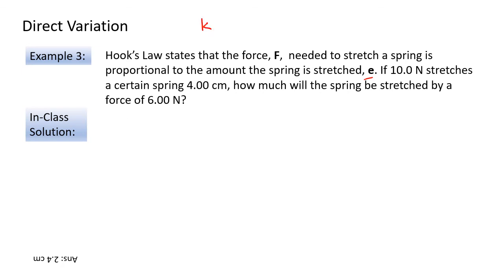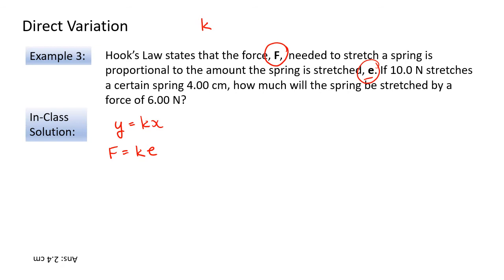I'll start with our basic equation: if it's directly proportional, y is equal to K times X. Y, in this case, I will call our force, F, and that's equal to K times X, or in this case, the amount the spring is stretched, times E. All I've done is replace y and x with the appropriate letter values given in the question.